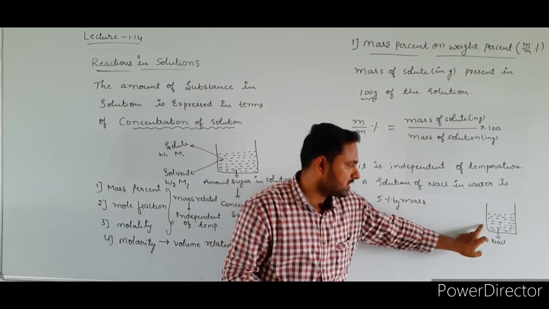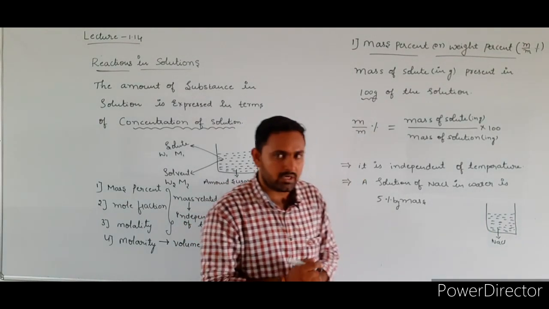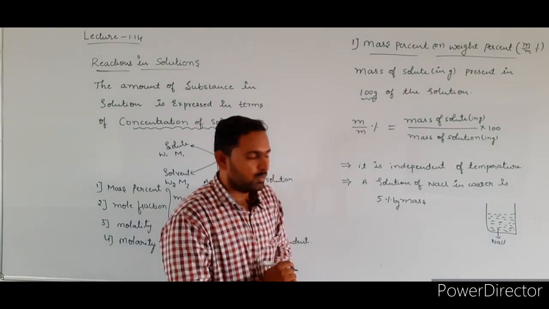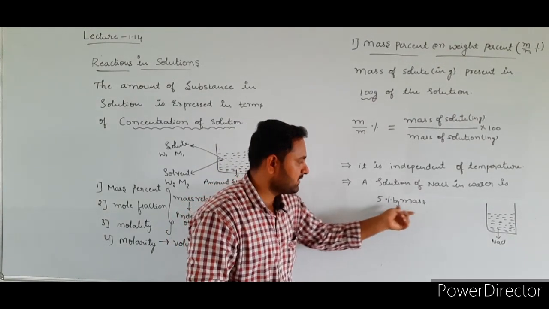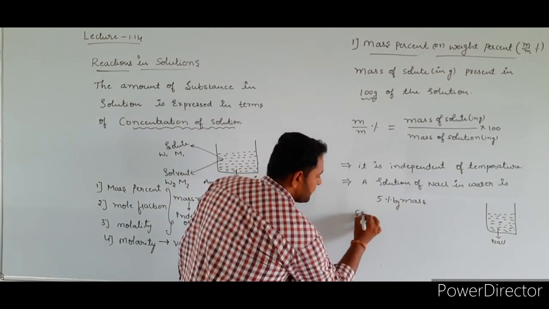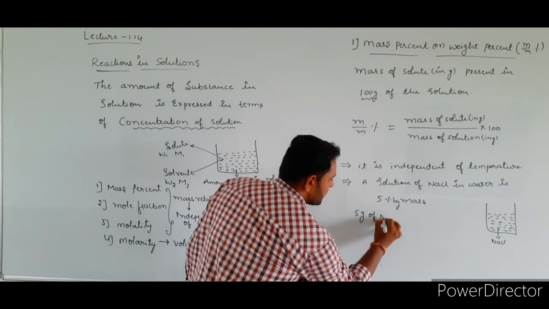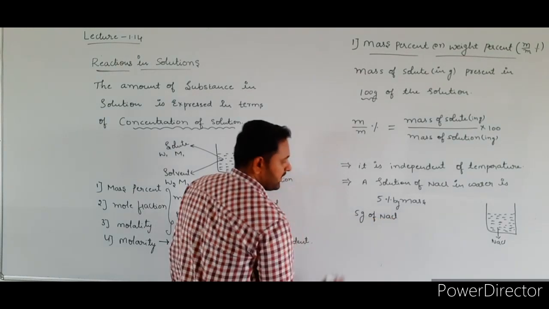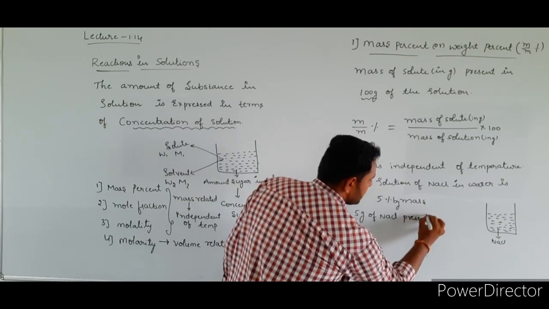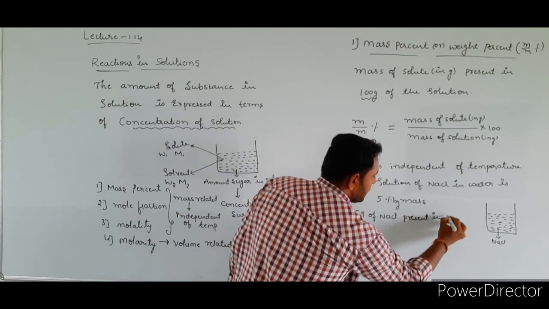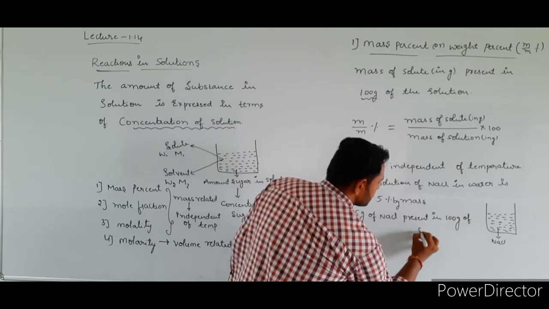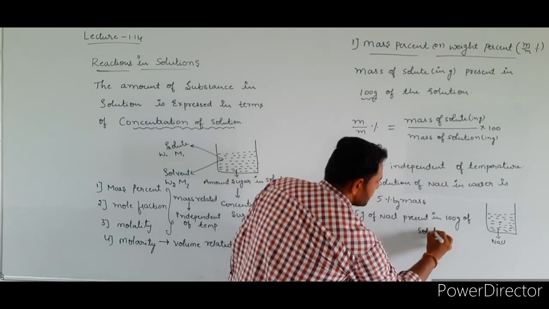Now the concentration of the sodium chloride solution is 5% by mass. What is the meaning of 5% by mass? That means 5 gram of sodium chloride is present in 100 gram of solution. Why?